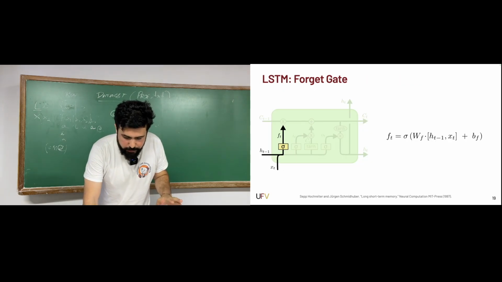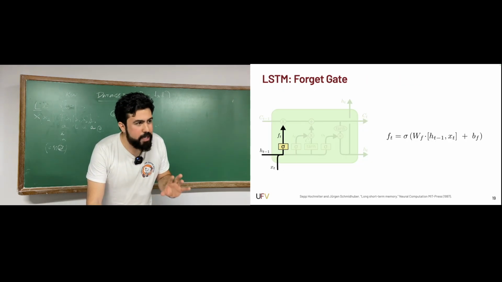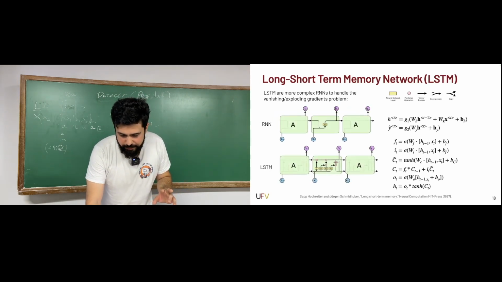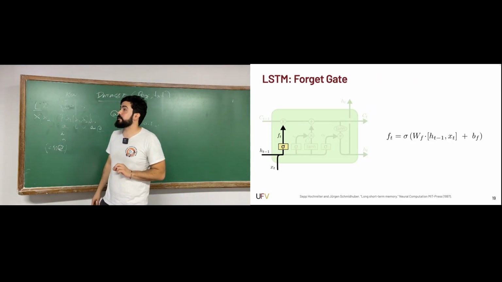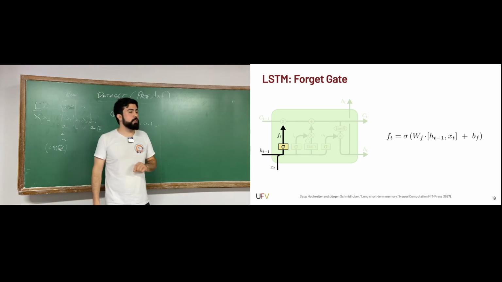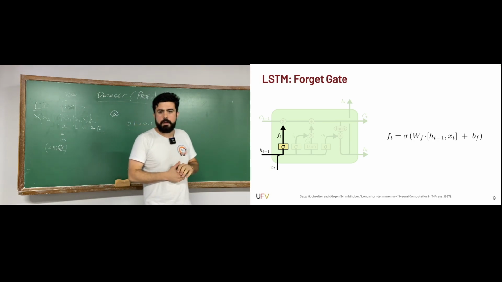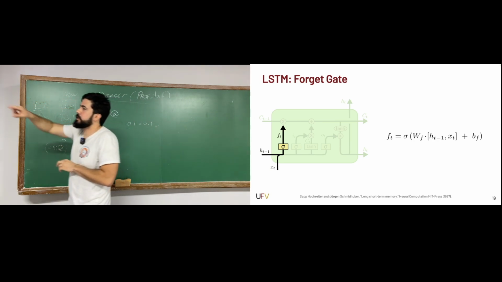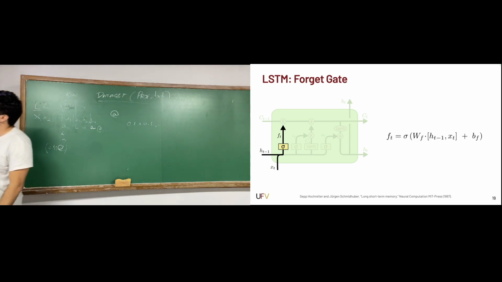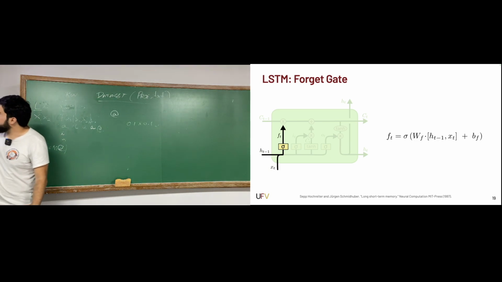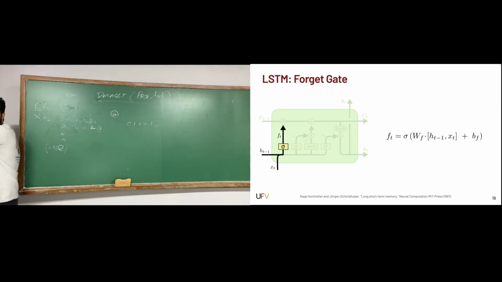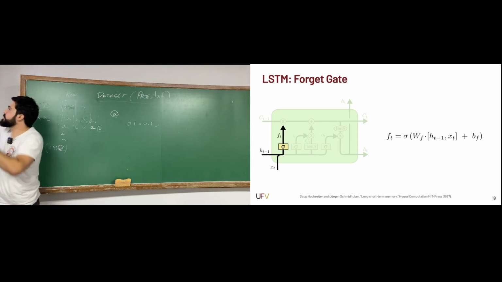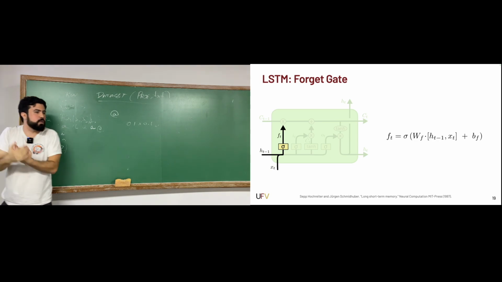So let's go slowly. This is the first equation there, ft. The very first equation in that set of equations is what we call the forget gate. It's highlighted there. The forget gate is going to concatenate ht minus 1 and xt. Again, this is just a compact format of writing those two sums. This is just merging two matrices into one matrix.